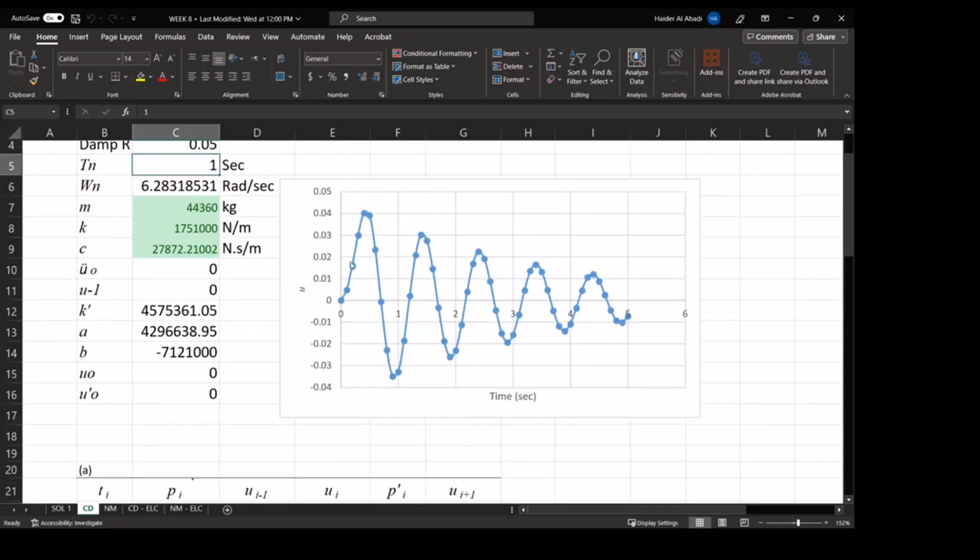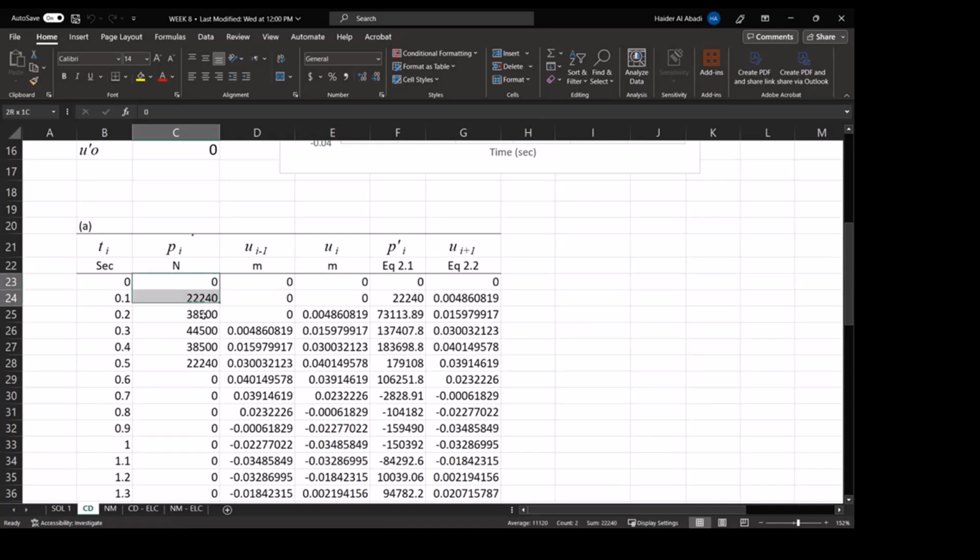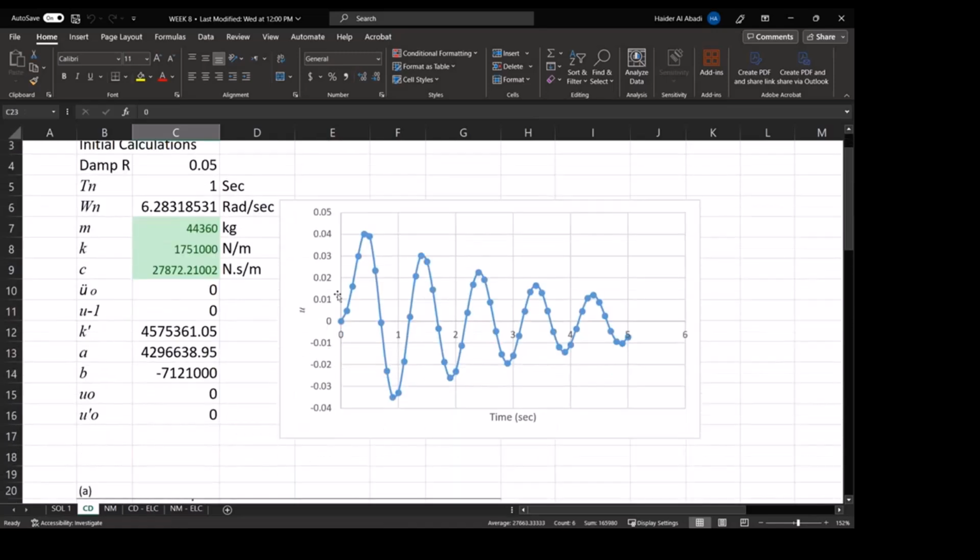So this is basically the mass response. That's how the mass is going to respond to that single pulse we looked at last week. There was one single pulse, which is this one. And I did ask you to look at the response.